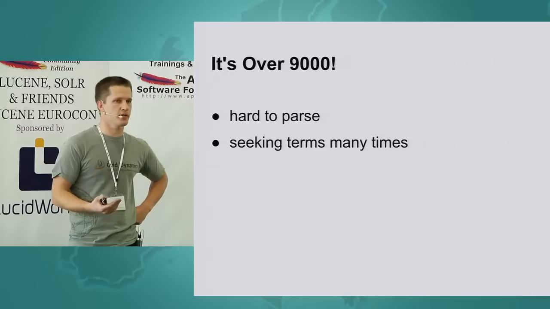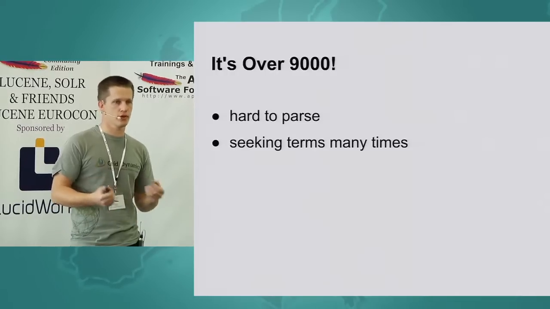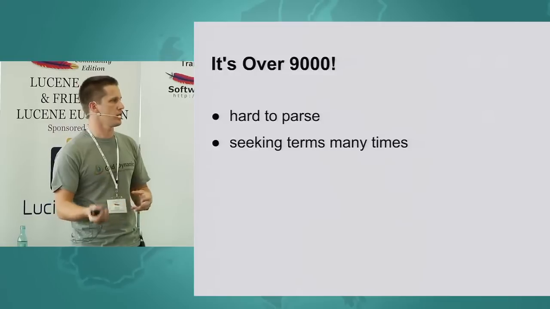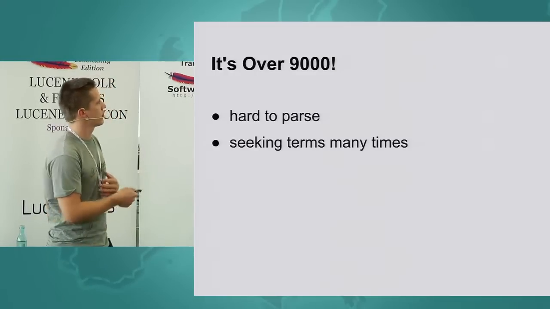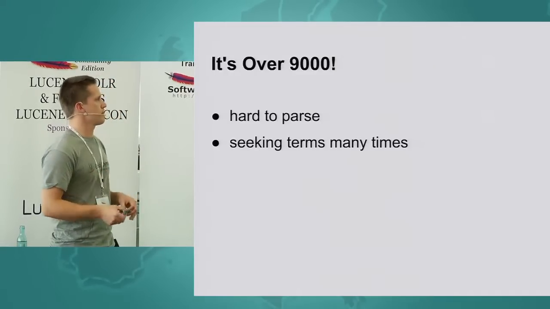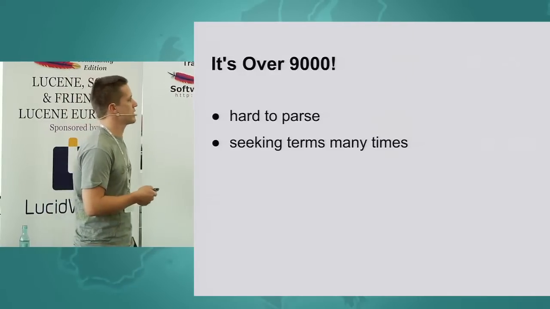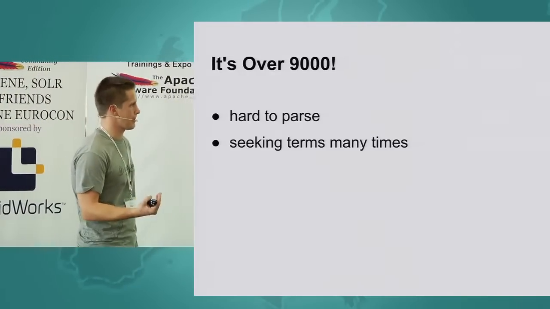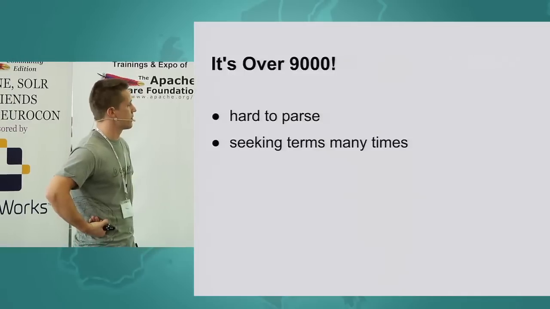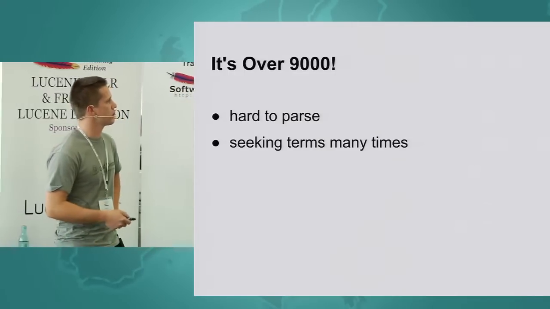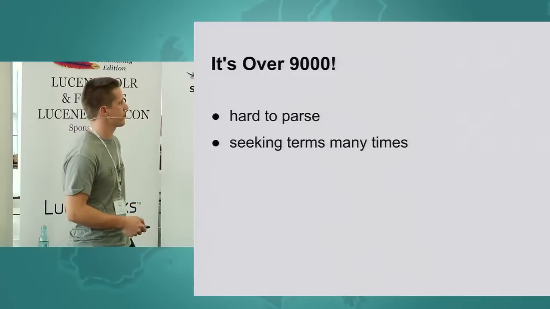It's much better. We have a new codec proposed for primary keys, so we can load everything to memory. So this second item might be not so applicable for Solr 4, right? It might be much better there.